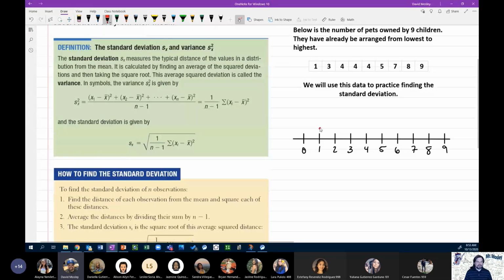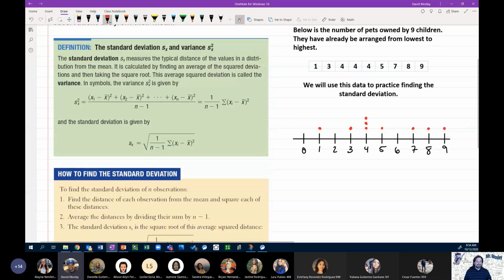So we have a dot at 1, nothing at 2, 1 at 3, 3 at 4, 1 at 5, 1 at 7, 8, and 1 at 9. So we have a quick visual representation of our data.